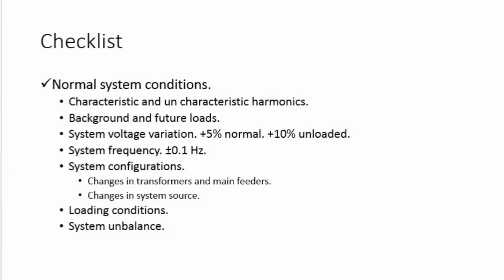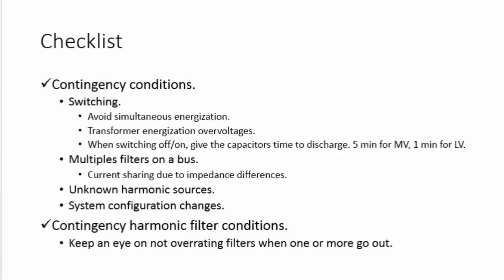Okay. What are the contingency conditions for the filter? Those are the normal conditions for the filter, the ones that we talk about. And the contingency conditions are the switching. The IEEE standard recommends that you avoid simultaneous energization of the filters. If you have more than one filter on a bus, you may want to switch them not at the same time, because it gives a very severe voltage transient, very severe.